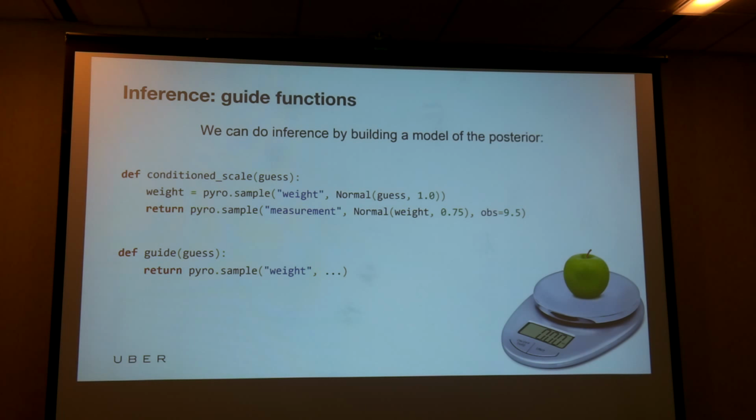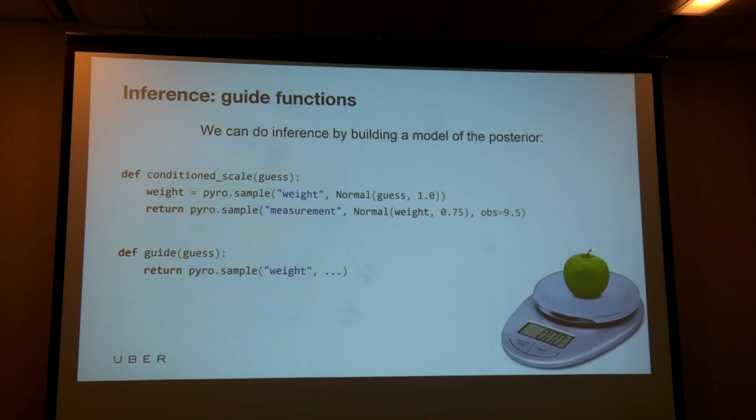But there are lots of ways. There's a whole zoo of ways of doing exact and approximate probabilistic inference in probabilistic programming systems. But in Pyro, although we've implemented several, we're focused on a simple idea, which is that we're going to do inference by building models of the posterior distribution, the distribution over the unconstrained sample sites given the data.